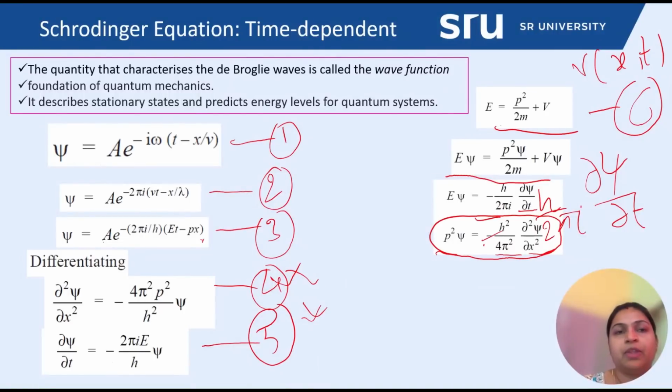Let us call these equation 7 and equation 8.